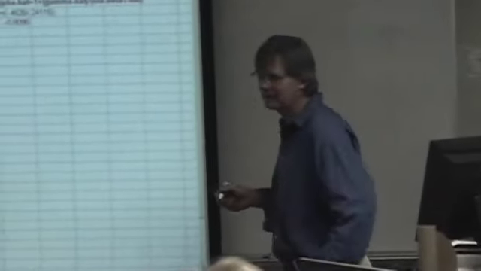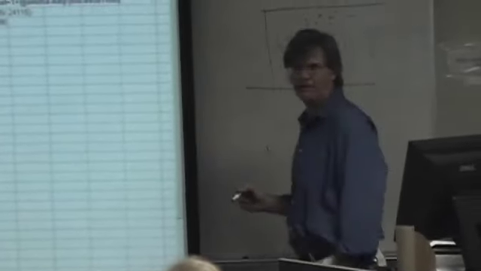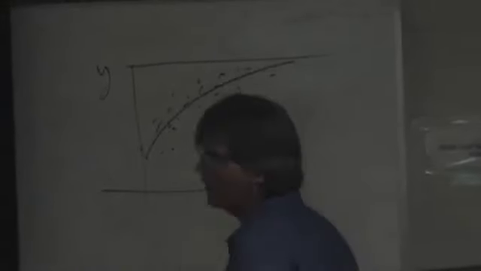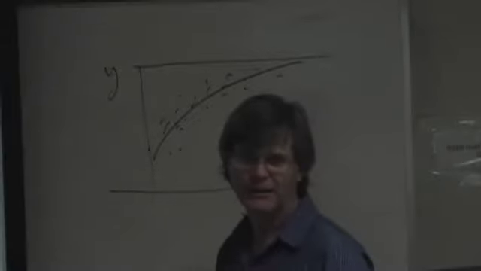The example the author pulls out of the hat is, suppose the windmill data was approaching a horizontal asymptote here, and this was y and this was x. Let's say the constancy of variance was not the trouble. It's just, what's the right regression function? What's the right curve here?